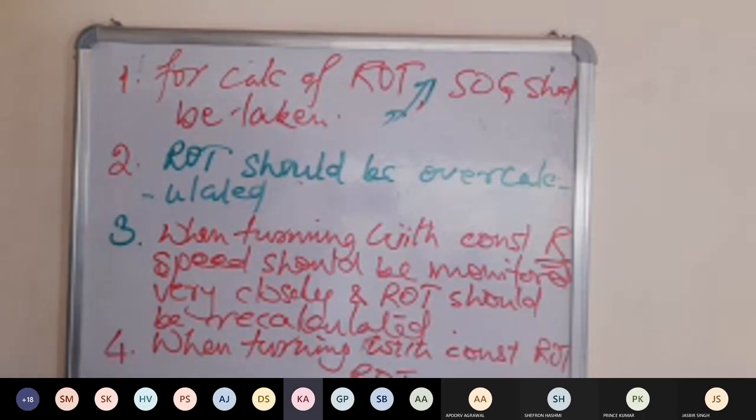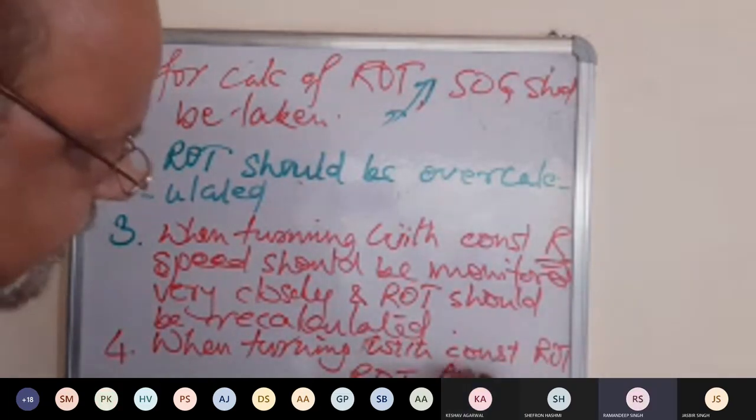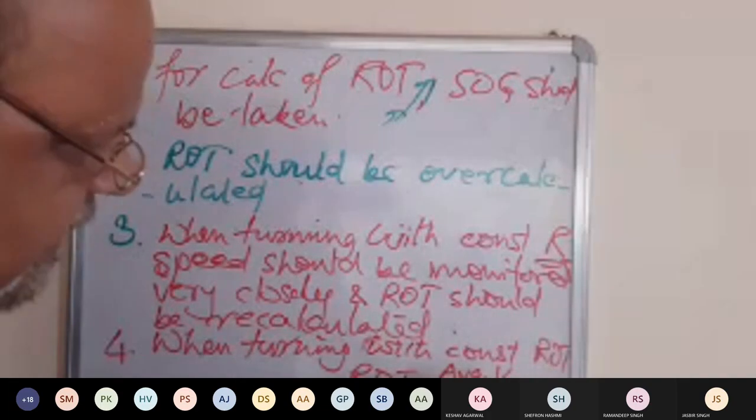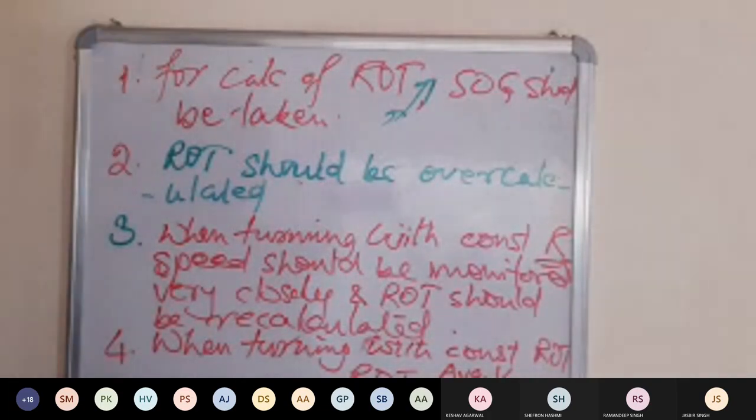Sir, V upon R. Average speed upon R. Yes, average V divided by R. So this average is an estimation only.